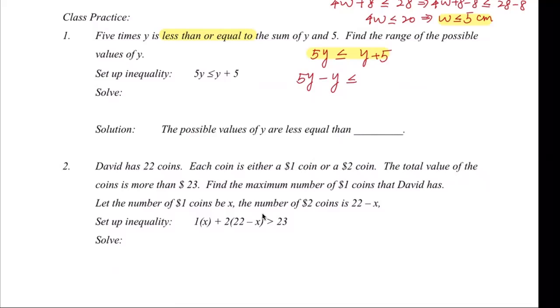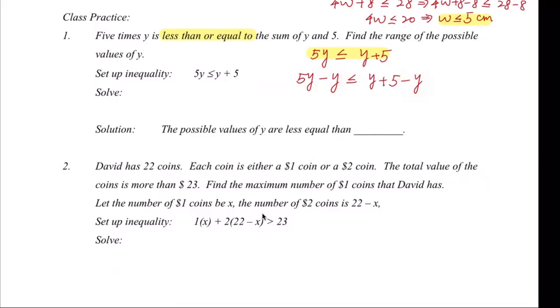The right-hand side, y plus 5, also we need to minus y, because we subtract y here, we need to do the same to the other side of the inequality.